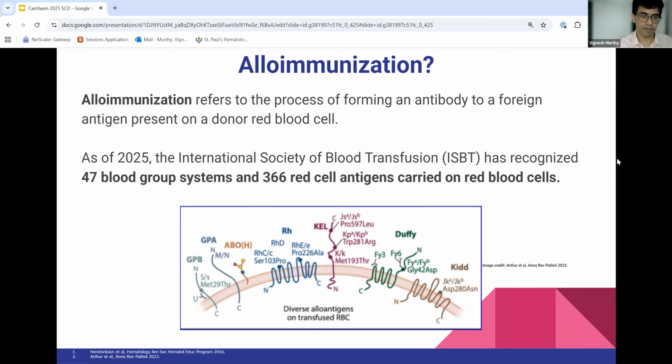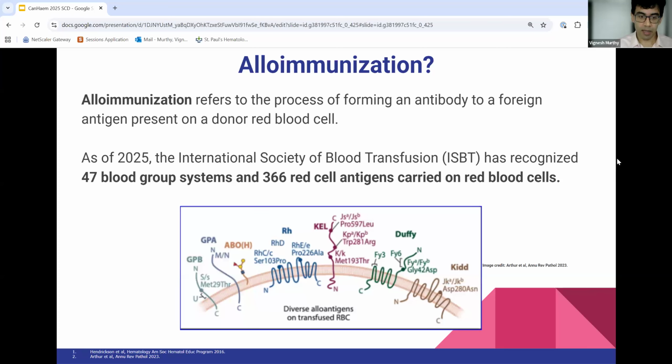So what is alloimmunization? This is the process of forming an antibody to a foreign antigen present on a donor red cell. As of 2025, there are 47 recognized blood group systems, like Rh, Kel, Duffy, Kidd, but 366 different red cell antigens that may be carried on red cells. And this is to some extent genetic.